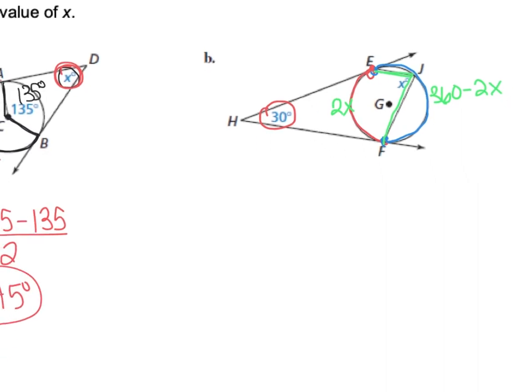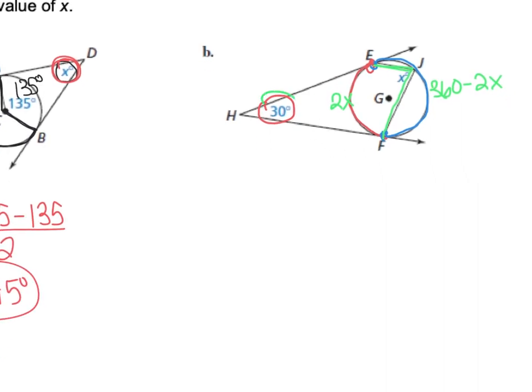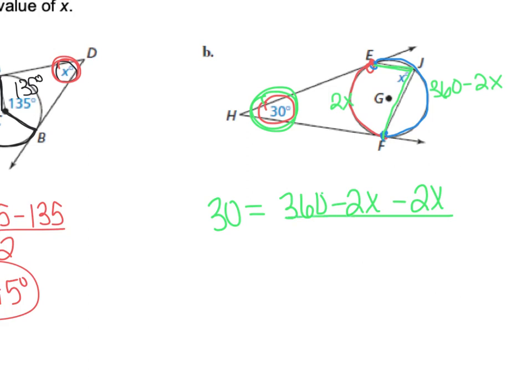Now I know that my angle out here, 30 degrees, is equal to, I need to subtract my larger arc, so that would be the blue one, which is 360 minus 2x, and I'm going to subtract my smaller arc, the red one, which is 2x, and divide by 2.